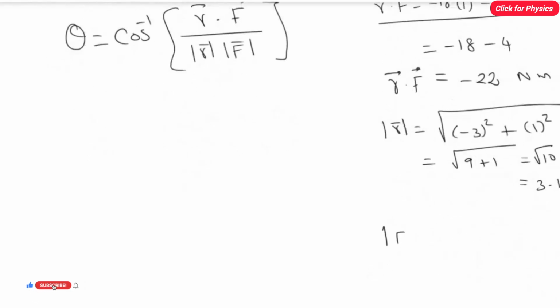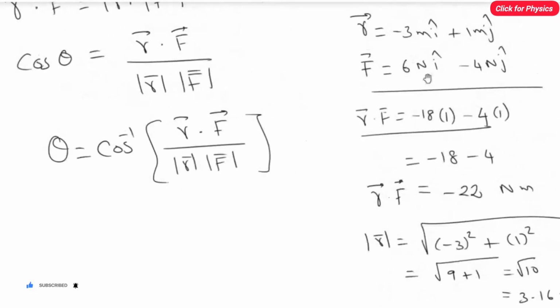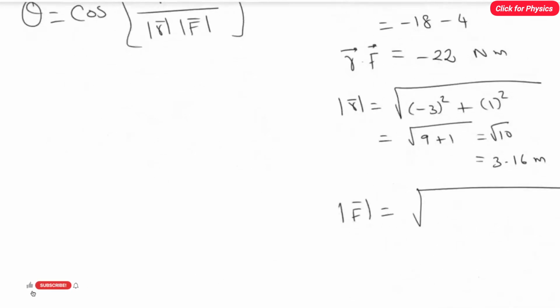Likewise, I have to find the magnitude of the f vector, which is the x component squared plus the y component squared. Our x component is 6, so 6 squared plus minus 4 squared. 6 squared is 36, and minus 4 squared is plus 16.